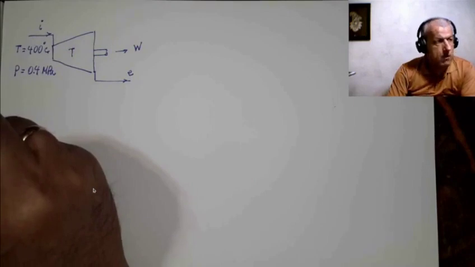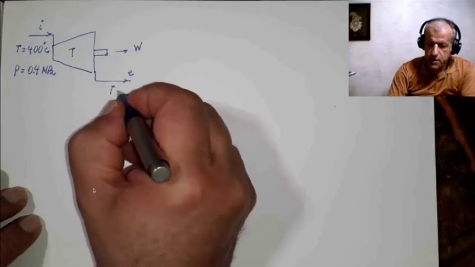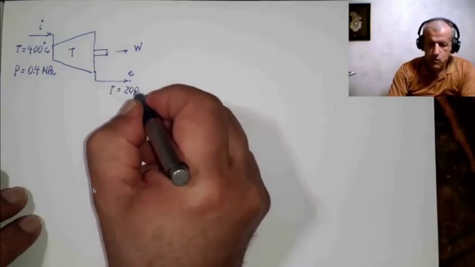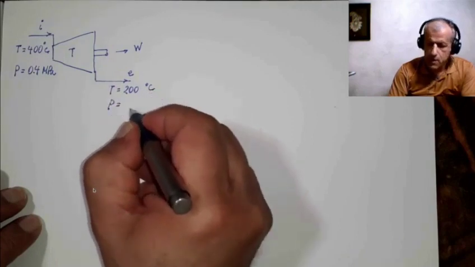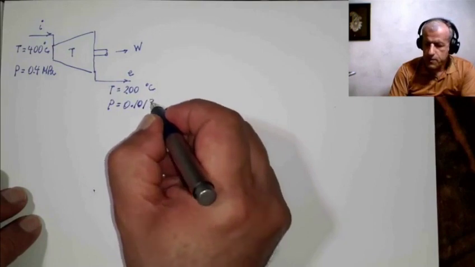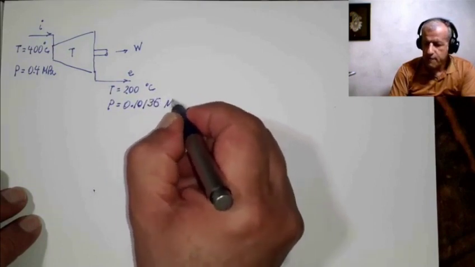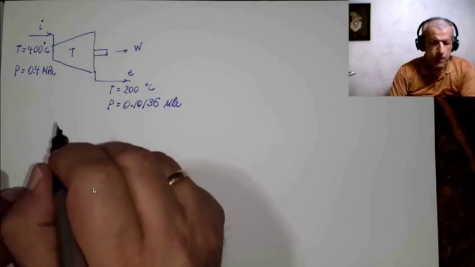Now, we are also given the outlet temperature and pressure. T equals 200 degrees C and P equals 0.1013 megapascal, which is an atmosphere.